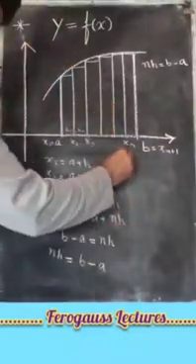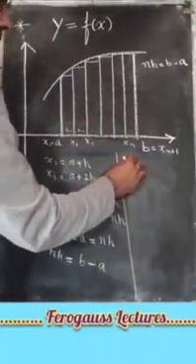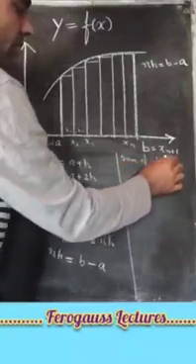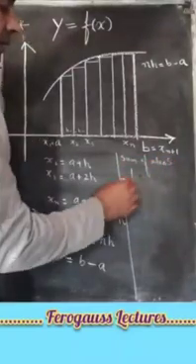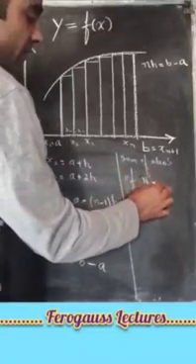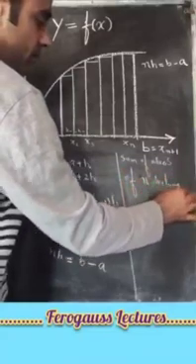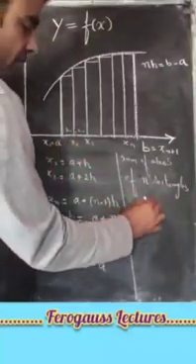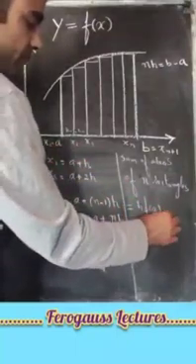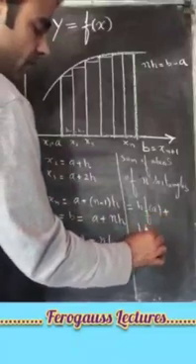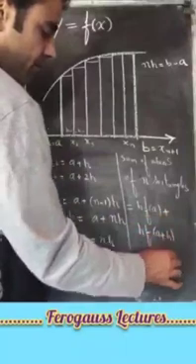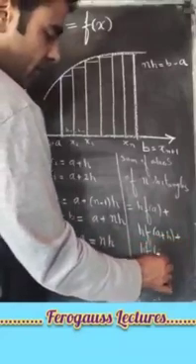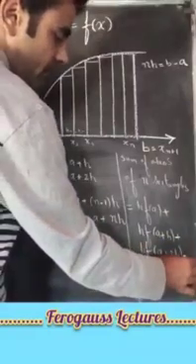So we can write the sum of areas of n rectangles is equal to the area of the first rectangle, h into f(a), plus the area of the second rectangle, h into f(a plus h), plus the area of the third rectangle, h into f(a plus 2h), plus so on.